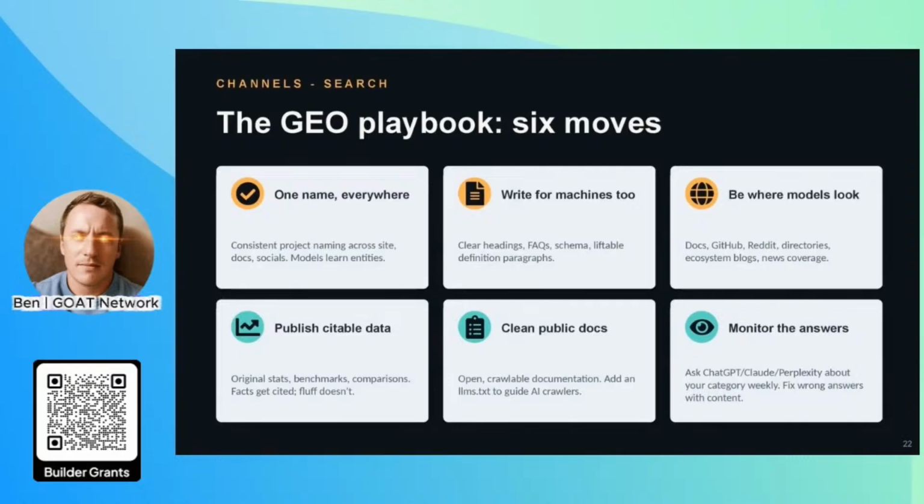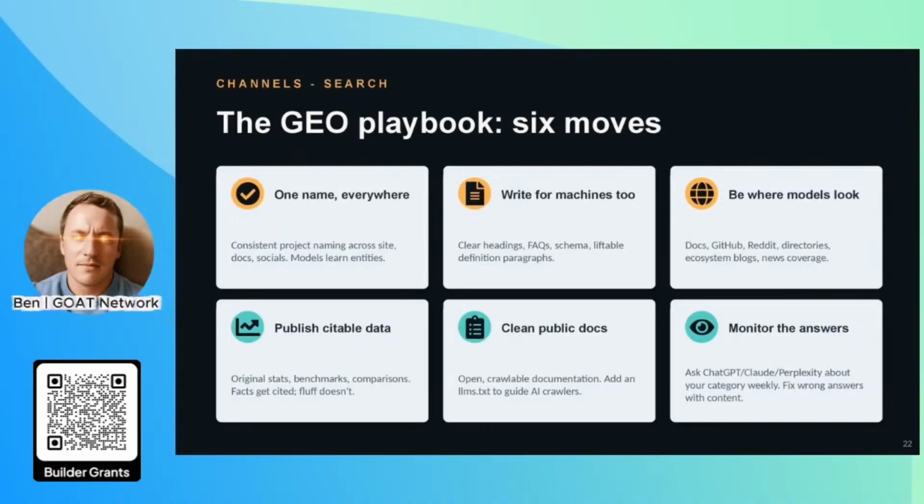It found that specific content changes lift your visibility in AI answers by up to 40%. The biggest levers, in order: adding quotations from credible sources, that's about plus 41%.